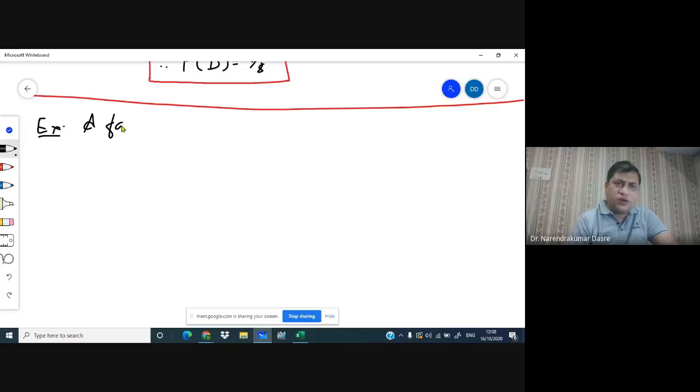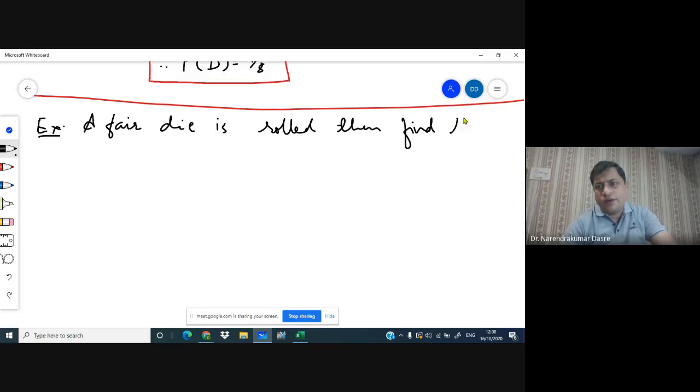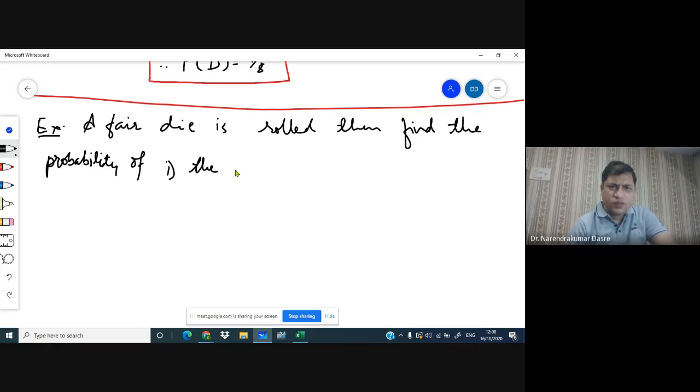A fair die is rolled. Find the probability of: first, the face shows an even number.